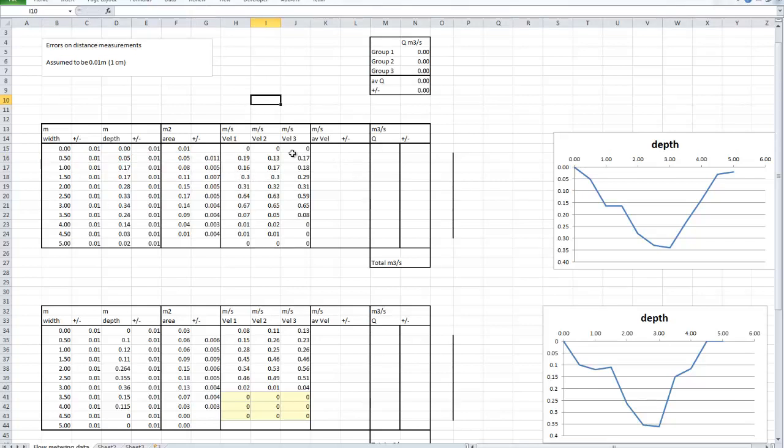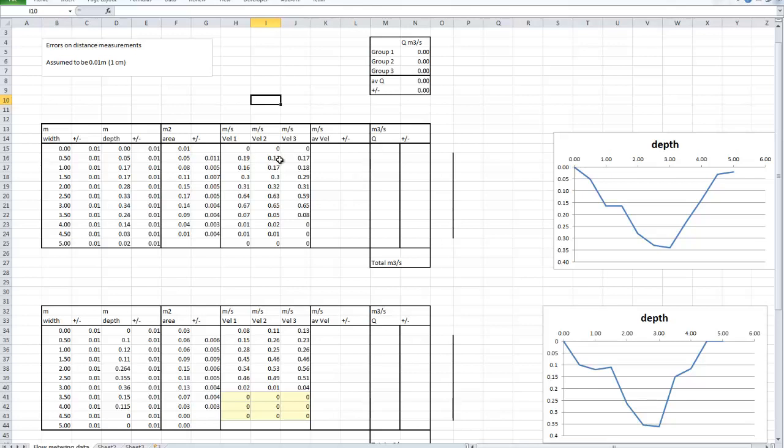So you've got three sets of velocity measurements that were notionally taken at exactly the same places in terms of width and depth. They aren't exactly the same number, so that's partly to do with not being able to locate in exactly the same position with regard to width and depth, and also there may be some slight temporal variability in the velocity.